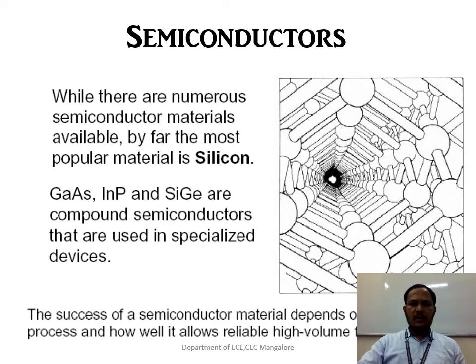Silicon is sand in nature, you get it in the silicon dioxide form like sand. After that we purify that sand to 99.99% pure, and we get pure silicon material.